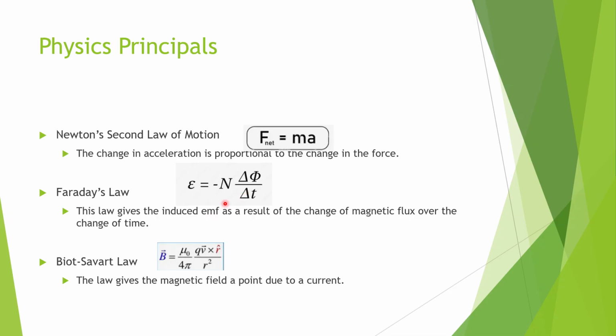There's this negative N here, where N is the number of loops in the system, and the negative helps the sign change. Then there's Biot-Savart's law, which gives the magnetic field at a point due to a current.